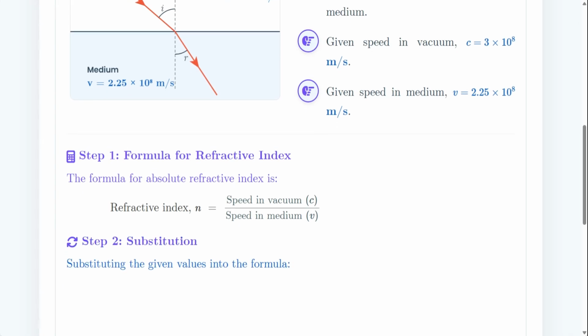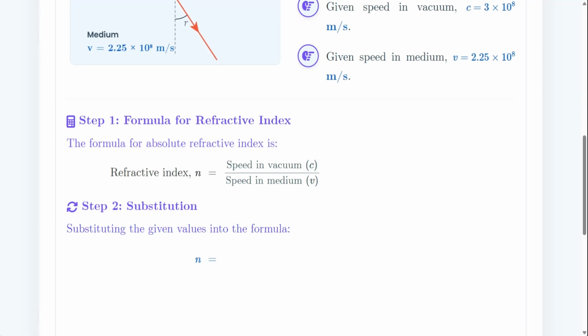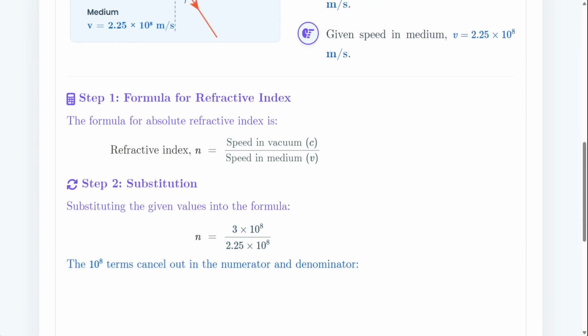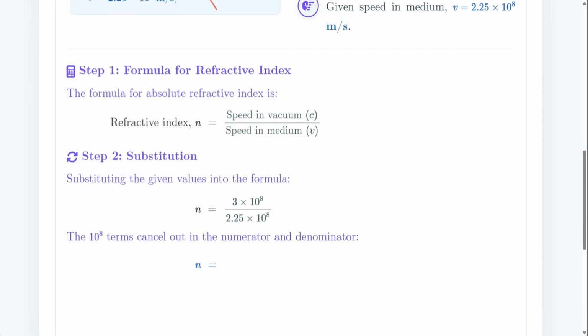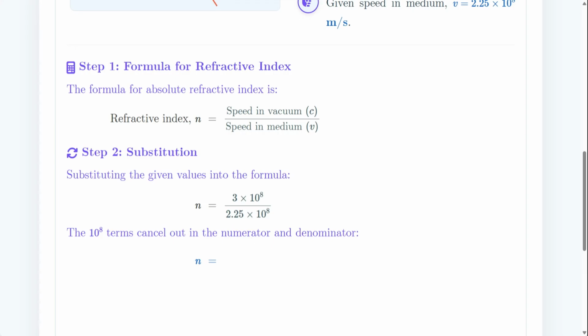Let's substitute the given values into the formula. n is equal to 3 into 10 to the power 8 divided by 2.25 into 10 to the power 8. Here, 10 to the power 8 is common in both numerator and denominator, so we can cancel them. n is equal to 3 divided by 2.25.